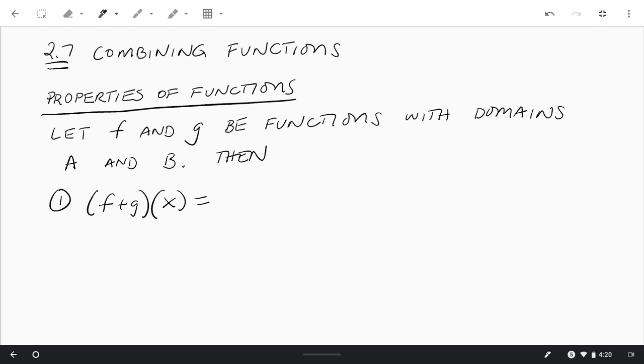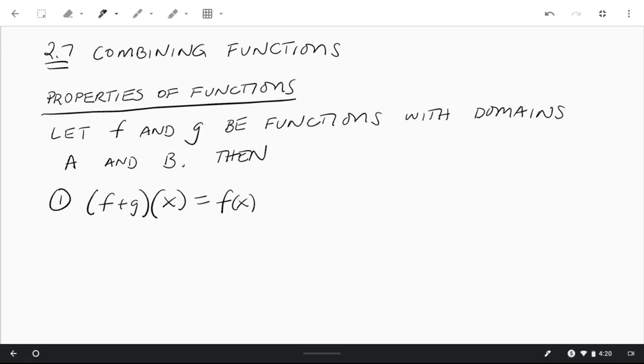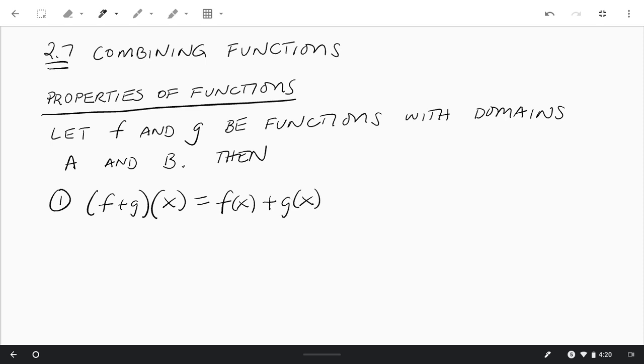Or you could do this. You could evaluate the f function, evaluate the g function, and then add those two answers together. Okay, so you could either add the two functions and then evaluate, or evaluate the individual functions and then add.